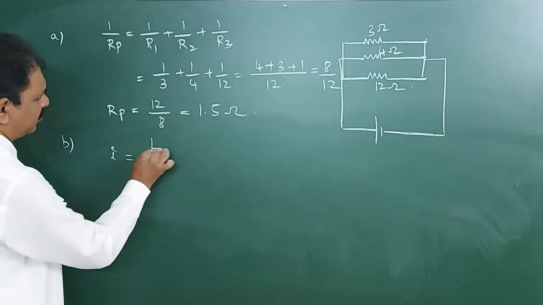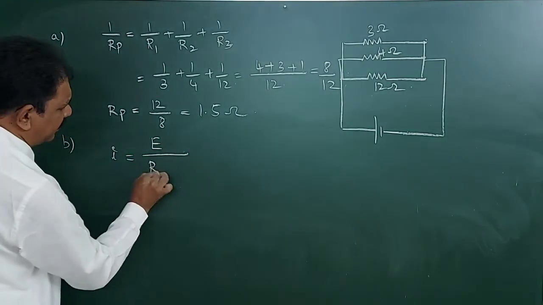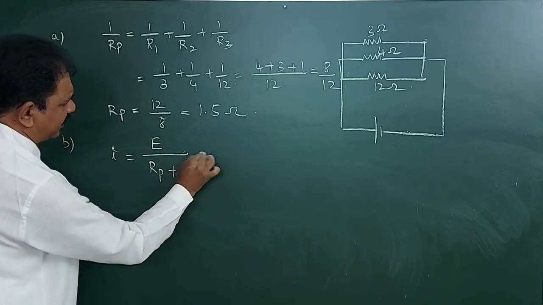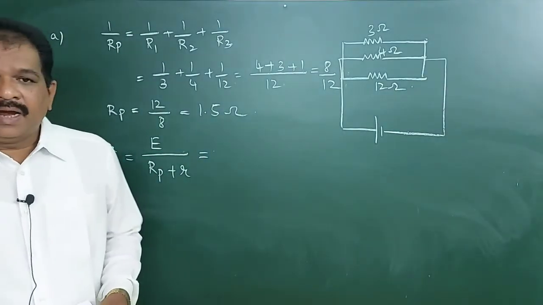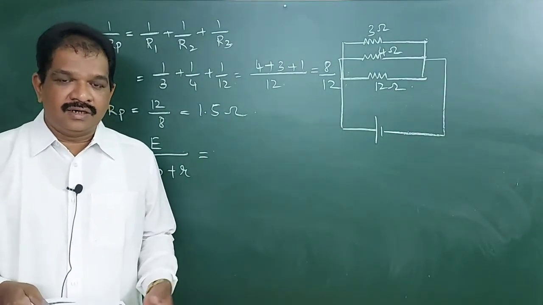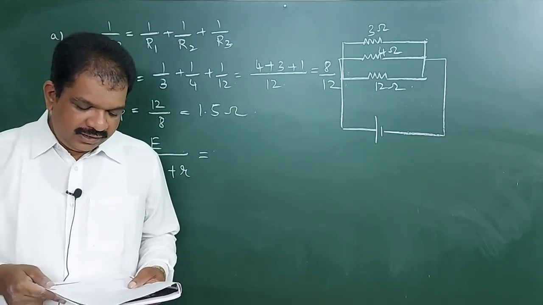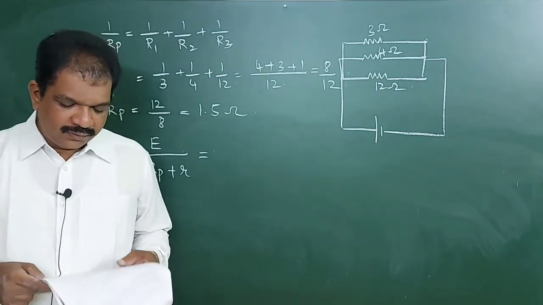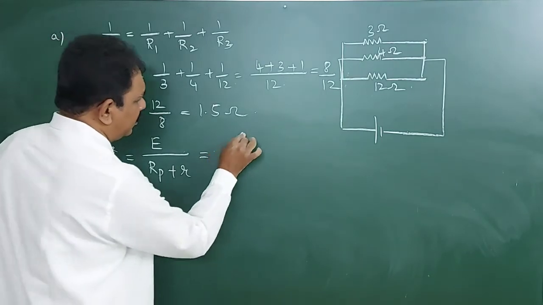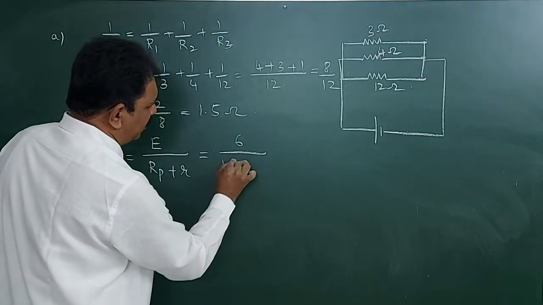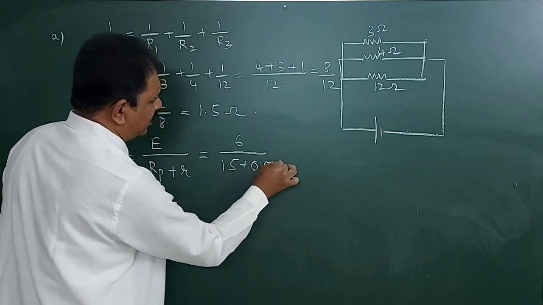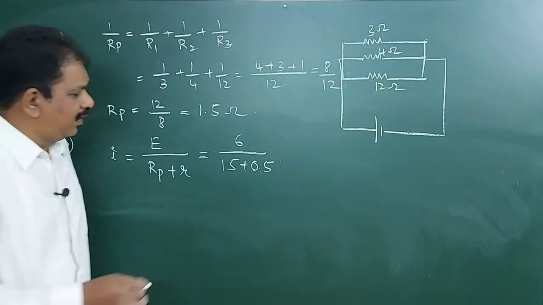I is equal to E by Rp plus r. E value will be 6 volt, Rp value 1.5, r value 0.5.